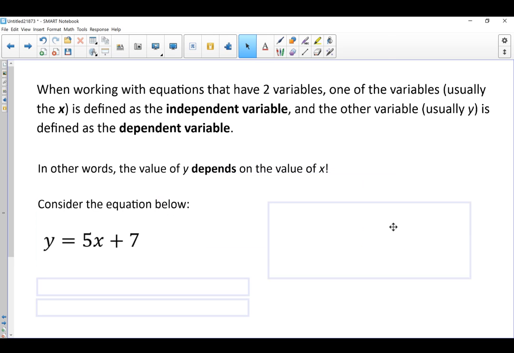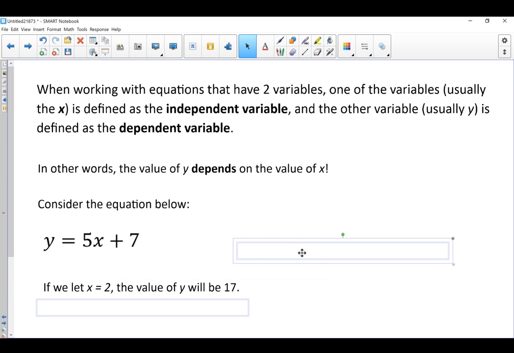So let's consider this equation here, where y is equal to 5x plus 7. If we let x equals 2, then we're going to get a value of y: 5 times 2, which is 10, plus 7, which is 17, right?